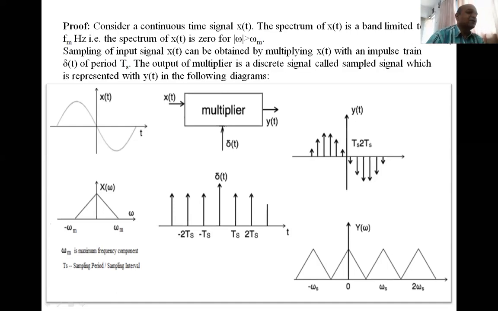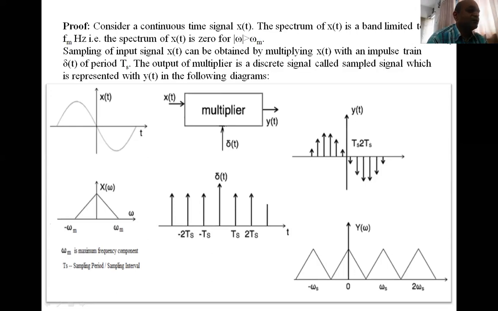So in this case we have a spectrum which is non-zero only for a finite range of frequency, and it will be helpful when we try to extract the continuous time signal from the converted discrete time signal, and this point will be more clear after some time.